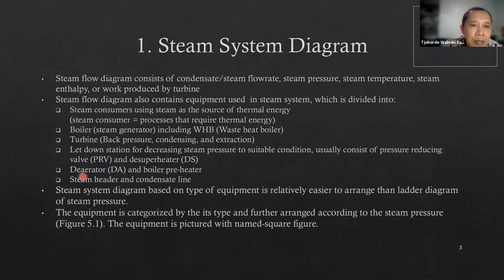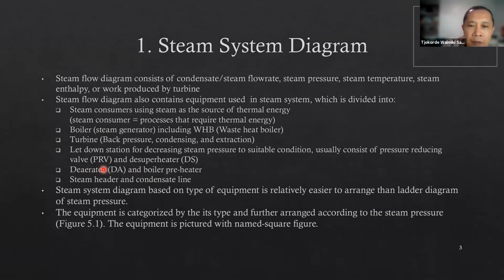The next one is the deaerator or DA and boiler preheater. The reason we need a deaerator is that the presence of air in boiler feed water can cause severe corrosion problems. And the higher your boiler pressure is, which means your boiler runs at higher temperature, the probability of corrosion from impurities dissolved in water will increase tremendously.